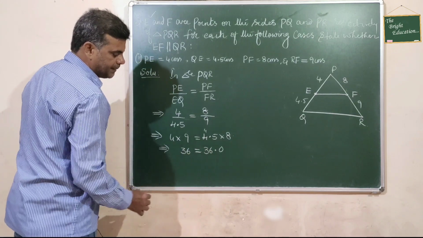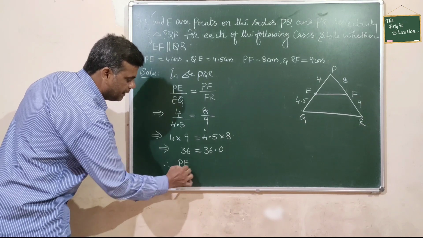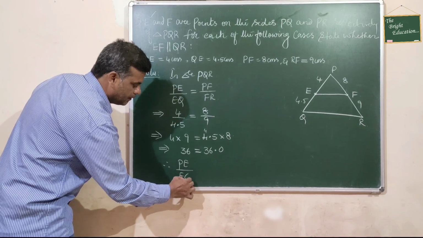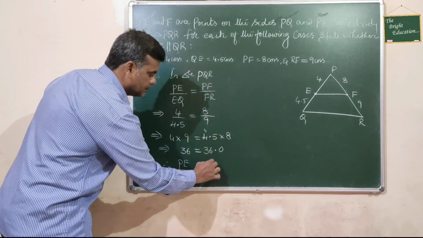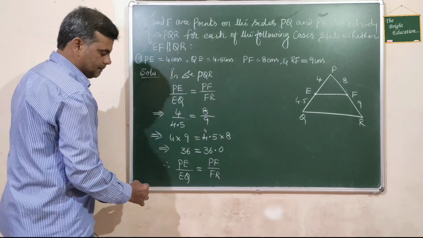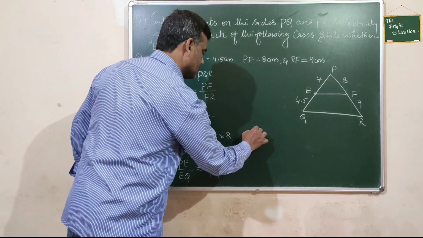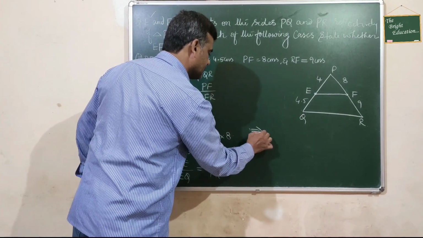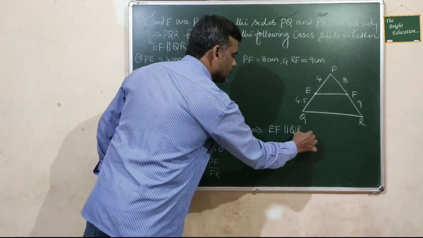Since the products are the same, therefore PE by EQ is equal to PF by FR. This implies EF is parallel to QR.